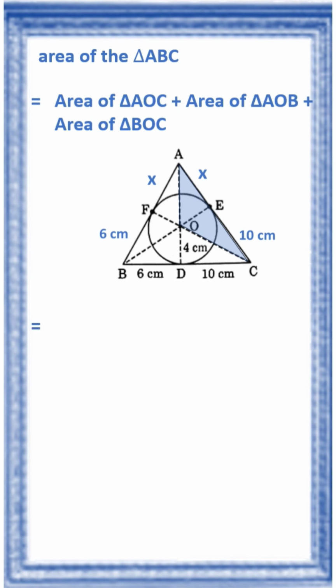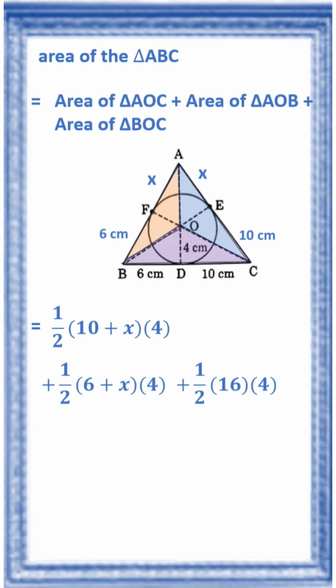That is equal to half into 10 plus x into 4, plus area of triangle AOB is equal to half into 6 plus x into 4. Here 4 is the radius because radius is perpendicular to the tangent. Area of triangle BOC is equal to half into 16 into 4.